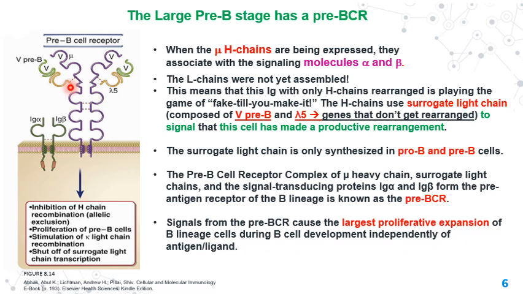And what happens here is that the interaction of your surrogate chain, which is not showing here, is going to allow the proximity of these other proteins that are also on the surface. That is your Ig alpha and your Ig beta. Now these proteins here have a long tail, okay? So once these chains are interacting successfully, that is going to send a signal to these guys over here to start a process of signal transduction.